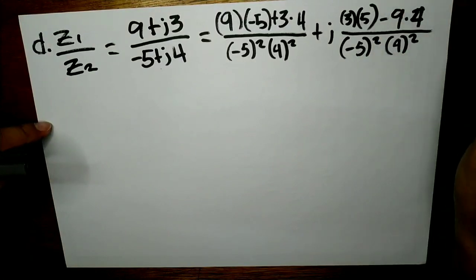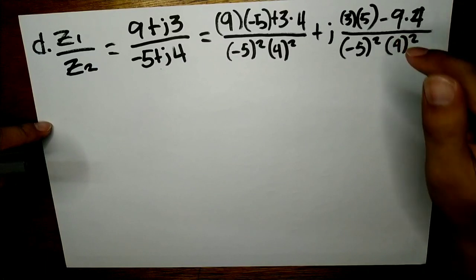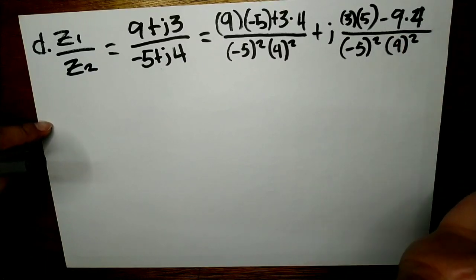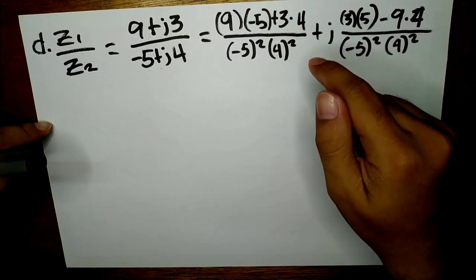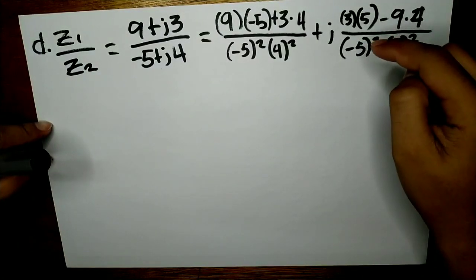Now, after we separate the real numbers from the imaginary ones, we need to simplify the expression by multiplying 9 by 5 and 3 by 4.